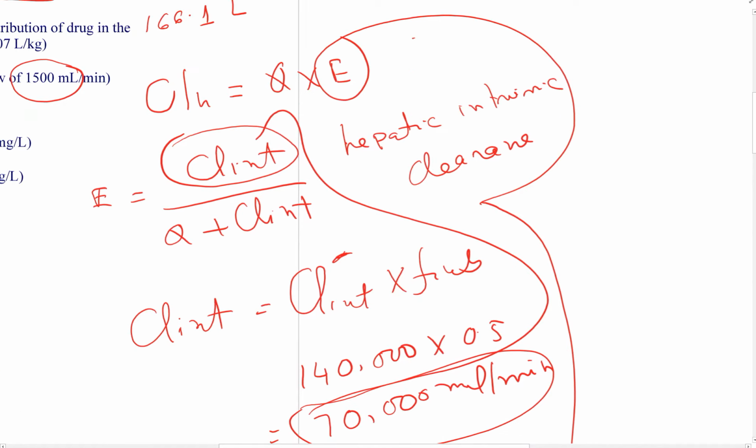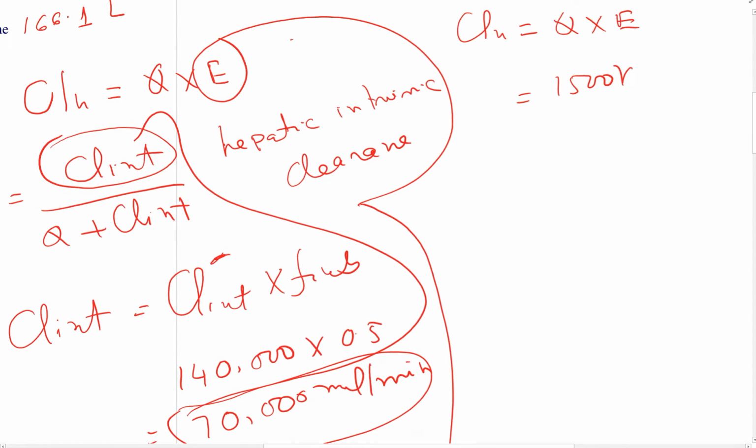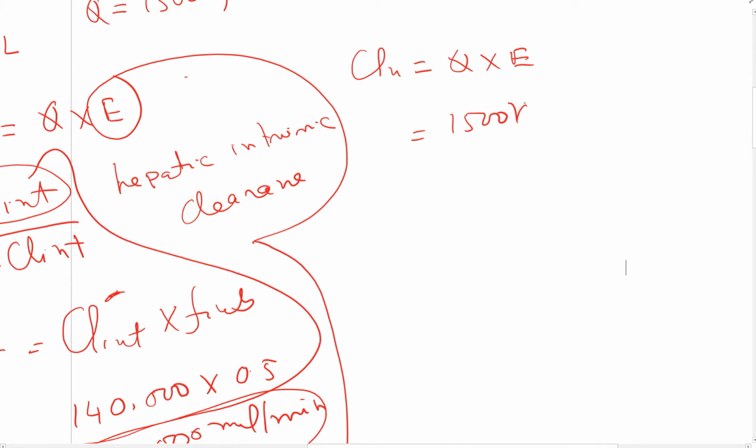Now let's rewrite this equation: CLH is Q times E. We have Q equal to 1500 and E is 0.97902.